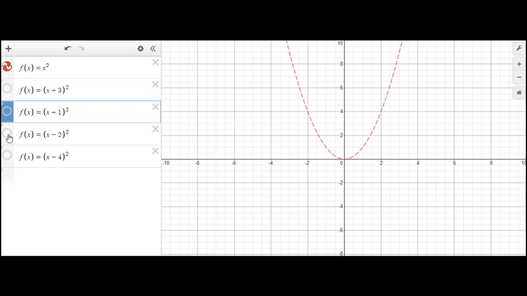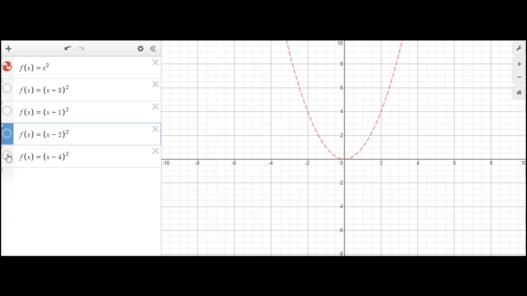Then when we look at y equals the quantity x minus 2 squared, notice that this graph goes through the vertex of 2, 0. So every point on this graph is obtained by shifting the original graph right 2 units.